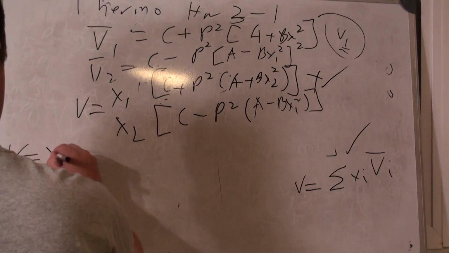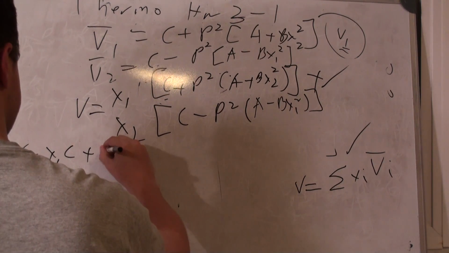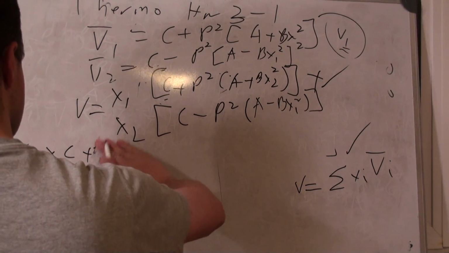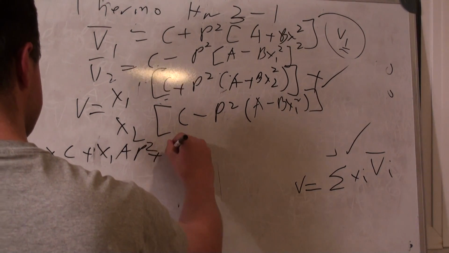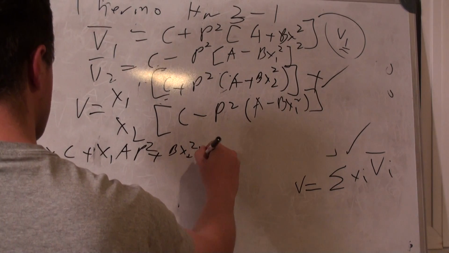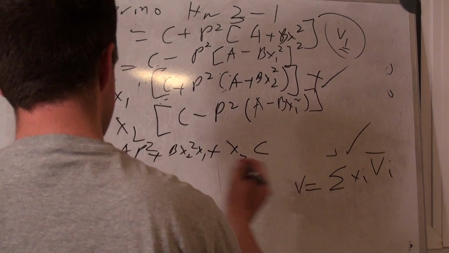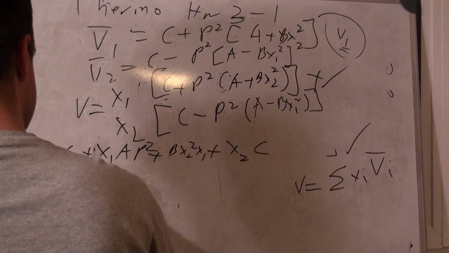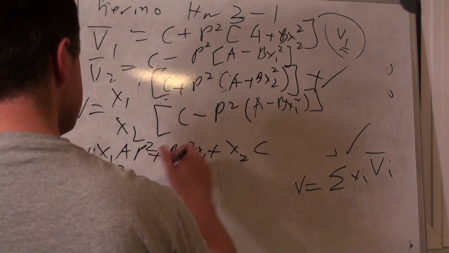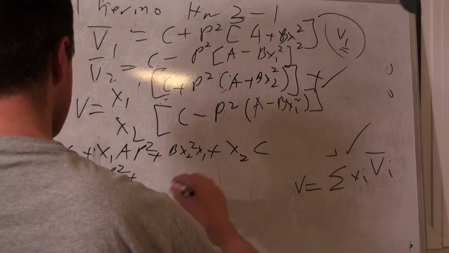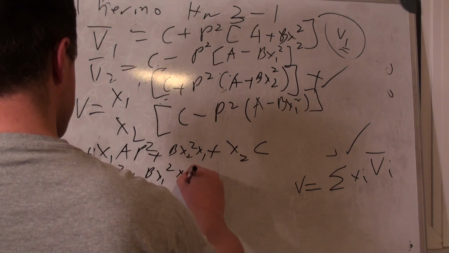So I have x1 c plus x1 A P squared plus B x2 squared x1 plus x2 c minus x2 A P squared plus, because minus minus, B x1 squared x2.